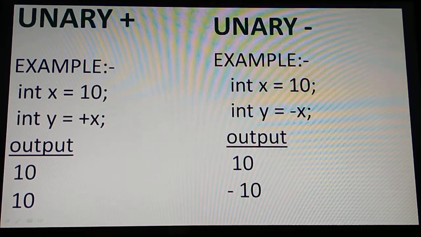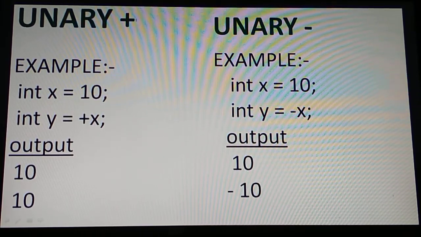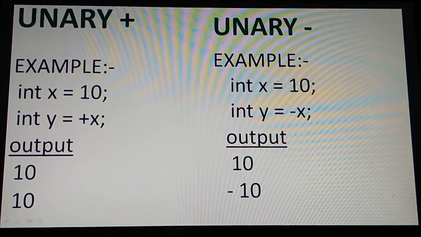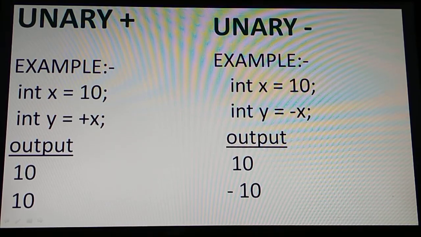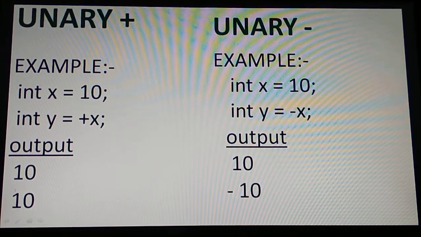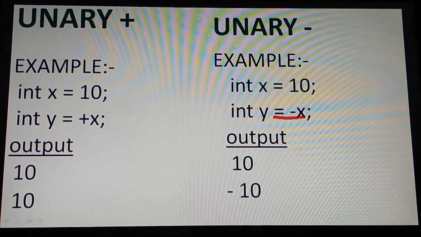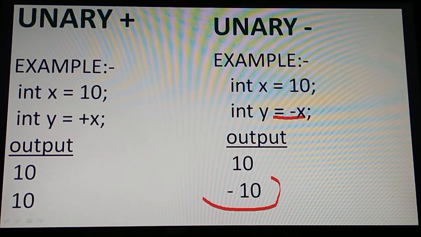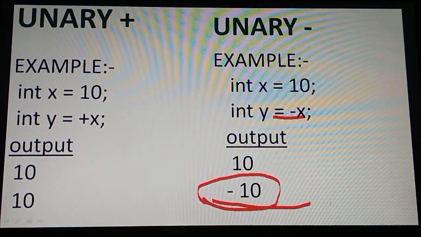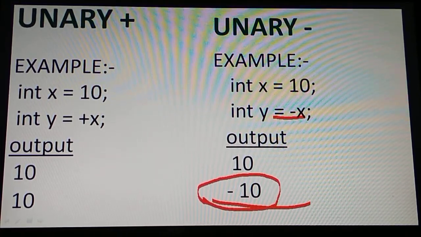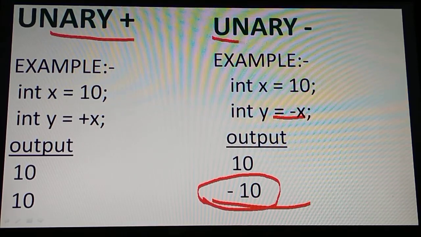The plus operator gives the value its sign, meaning if we write plus x, the value is positive. And if we give minus x, the value is negative, minus 10. So this is the difference between unary plus and unary minus.